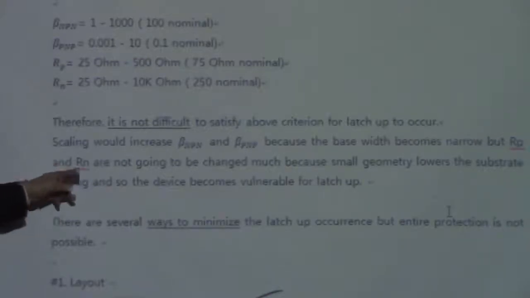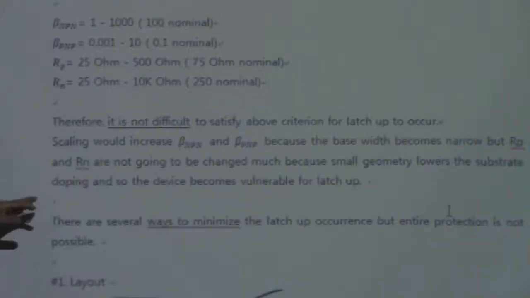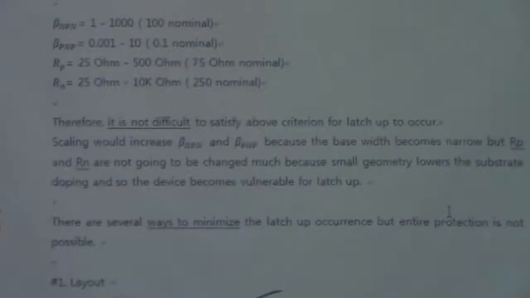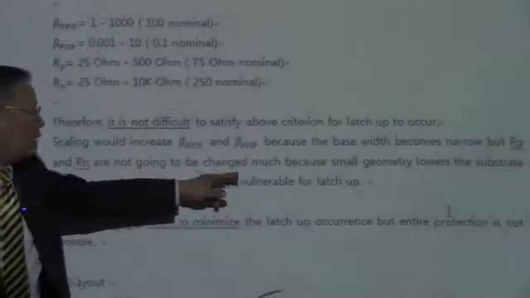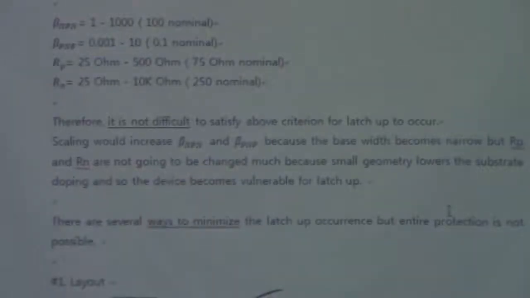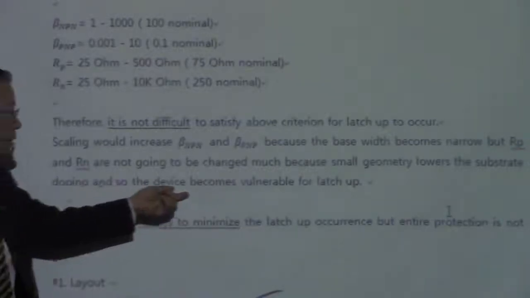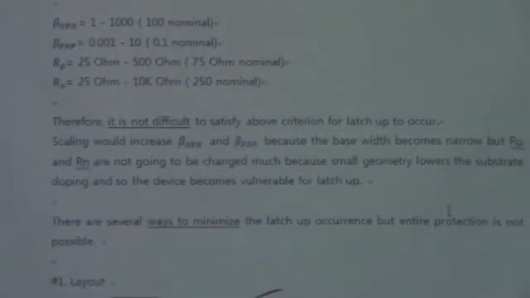And RP and RN, the resistances related to the input and output part, are not going to be changed much, because the small geometry lowers the substrate doping, and so the device becomes vulnerable to latch up.